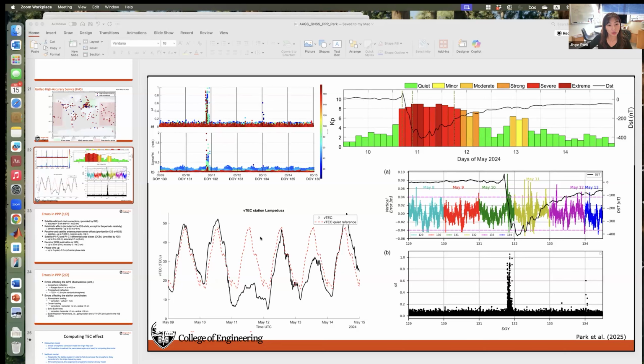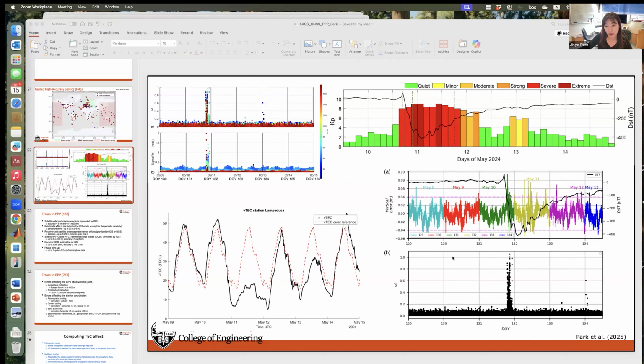The lower part is the total electron content measured during these days, and the red is the predicted TEC, total electron content variations in the ionosphere, and the black is what's measured. And you see during this significant space weather event, there is a big difference between the expected and what's measured. So that highly affects the PPP solutions, which is this lower right-hand side.